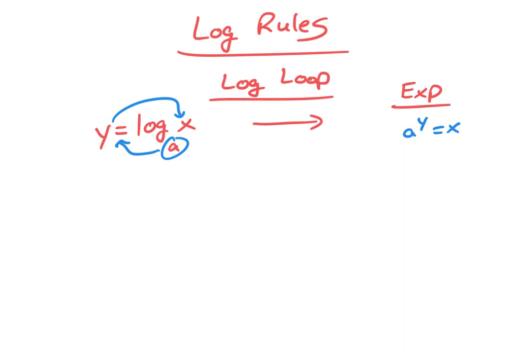So if I said log 16 base 2 equals x, all I'm going to ask you to do here is rewrite this in log form. So now we're going the other direction with it.